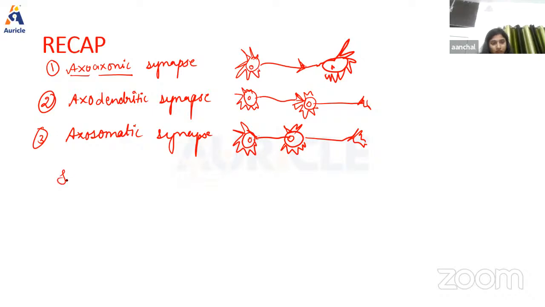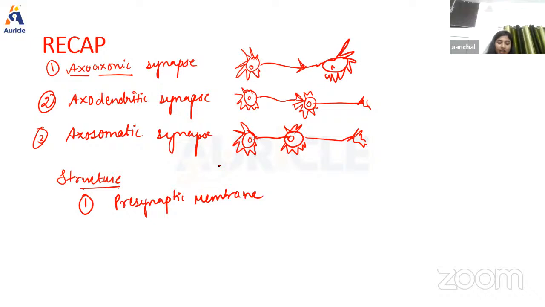Now we're going to talk about the structures. Very important structures are present. As we already know the structure of the neuron, it has axon, cell body, and dendrites, right? Another thing is that in the synapse we have the presynaptic membrane. What is the presynaptic membrane? The presynaptic axon terminal has a definite intact membrane, and that is known as the presynaptic membrane.